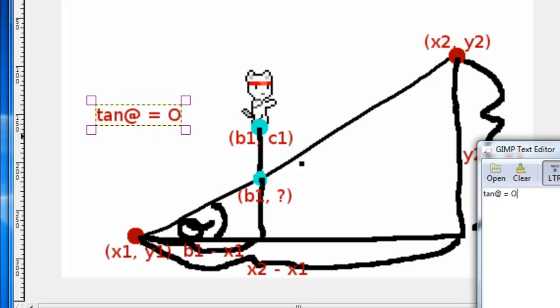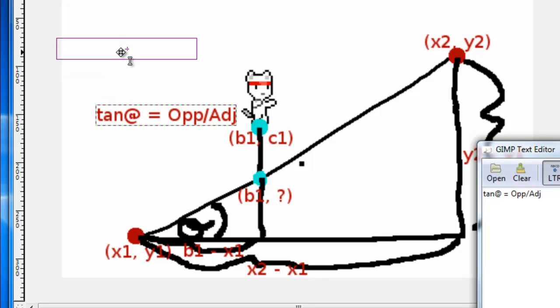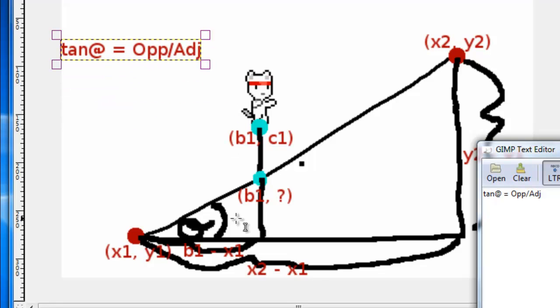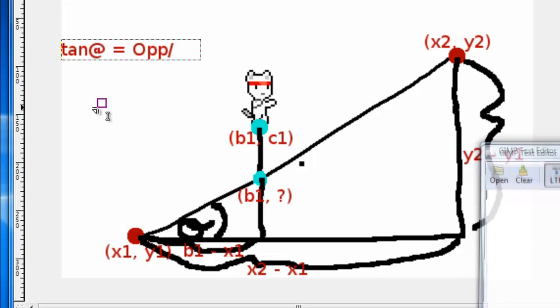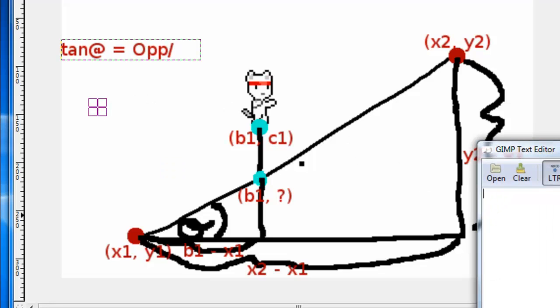The opposite over the adjacent. And so we actually have two thetas here, where we have this theta for the big triangle and this theta for the small triangle. Now, the laws of similar triangles is that this theta is the same for this small triangle and for this big triangle. So what we're going to do is very simple.